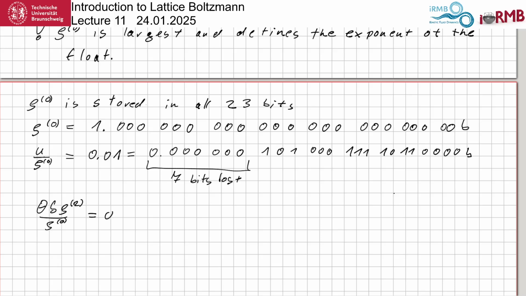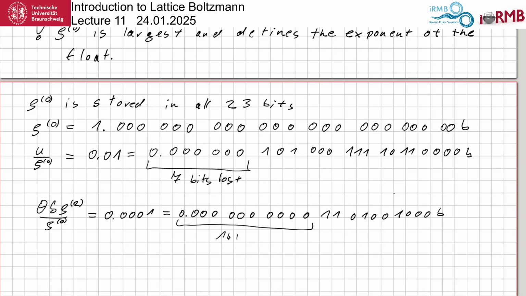The pressure which we set is 0.0001, which would be 0.000000000, and then 1101001000 in binary. And here what we've lost is 14 bits lost.